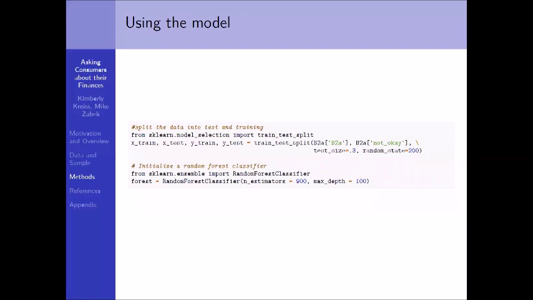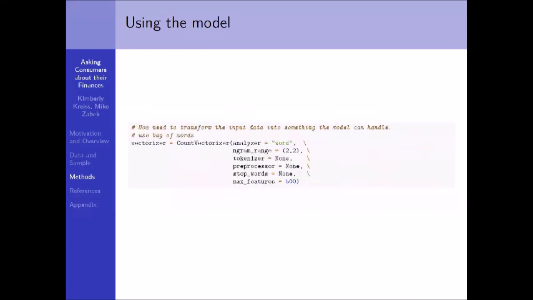And then we use scikit-learn to split the data into test and training sets, and also use a random forest classifier from scikit-learn. I chose 900 trees for this with a max depth of 100 each. I played around a little bit with that, but we're still kind of refining the model. Then we transformed the input data. It's in word form, so I need to transform it into a numeric representation that the model can handle.